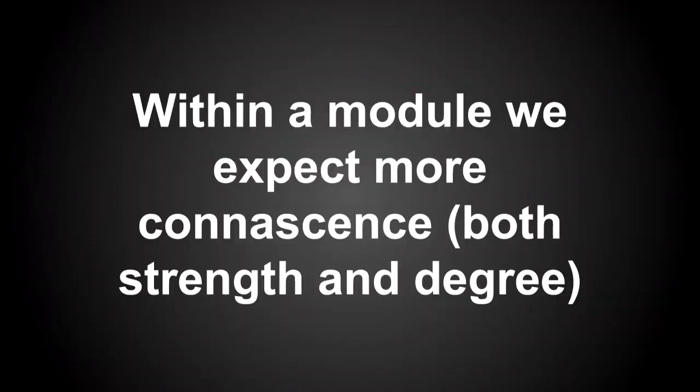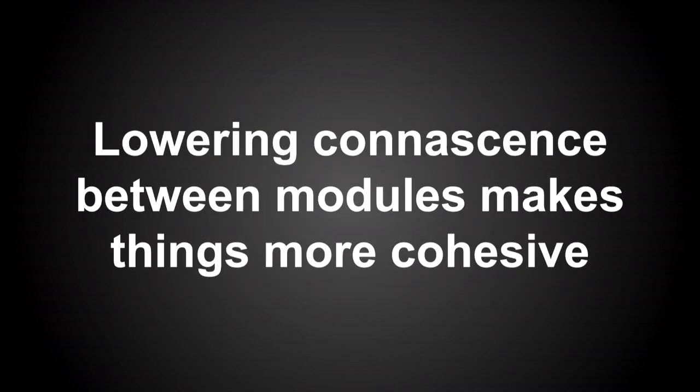All right, so within a module or within a type or a class or a file, we expect more connascence. It's normal for there to be connascence, and connascence isn't bad. It's just a way of describing it and comparing the relative strengths of it. But lowering connascence between modules makes modules more cohesive because they know less about each other.